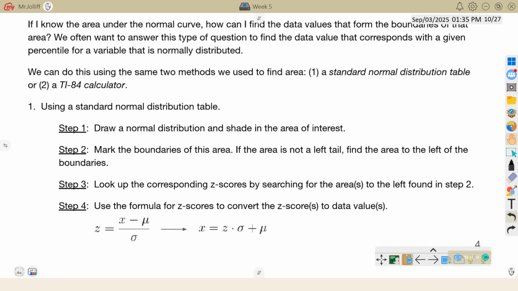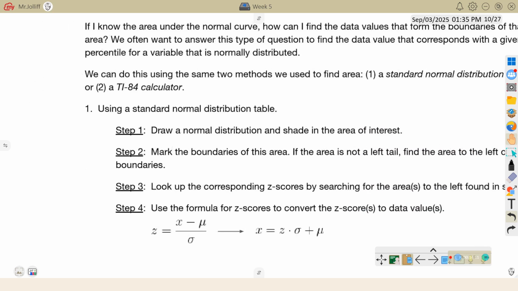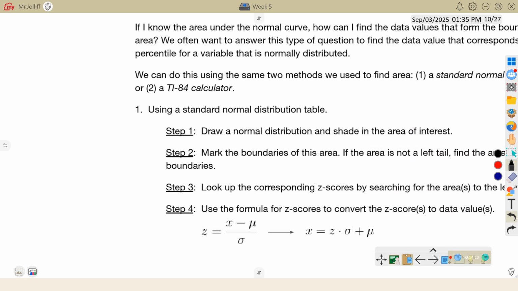For example, if I was asked a question about the upper 25% of students, well, the upper 25% of students would be the top 25, would be up here.